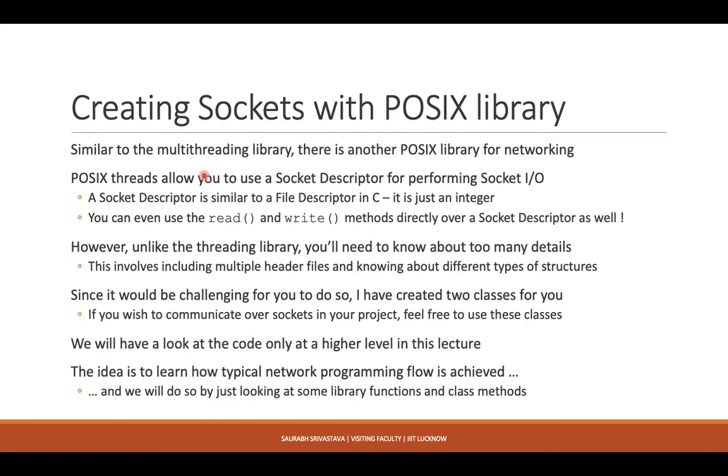The way POSIX treats sockets is very similar to how file descriptors are treated in C. POSIX networking allows you to use a socket descriptor for performing socket IO, and this socket descriptor is very similar to a file descriptor in C. You may remember the file pointers returned by fopen. Something similar to that is there, the socket descriptor.